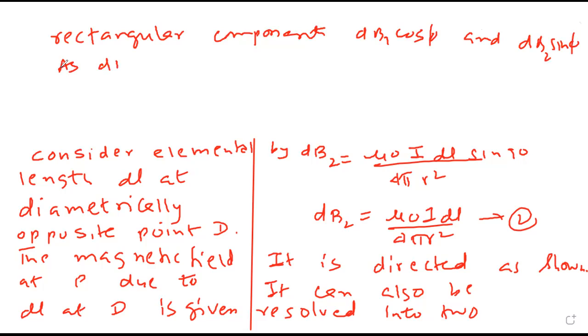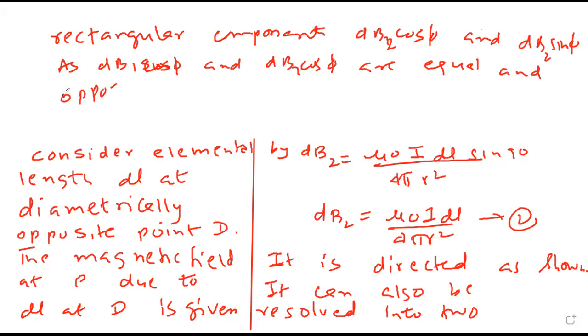As dB1 cos phi and dB2 cos phi are equal and opposite, they cancel each other.